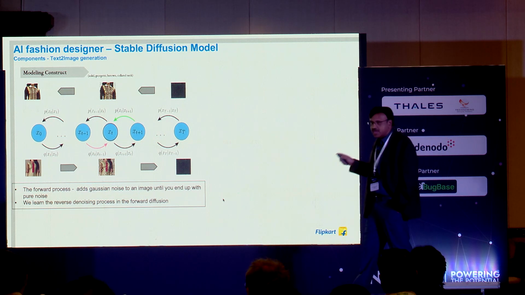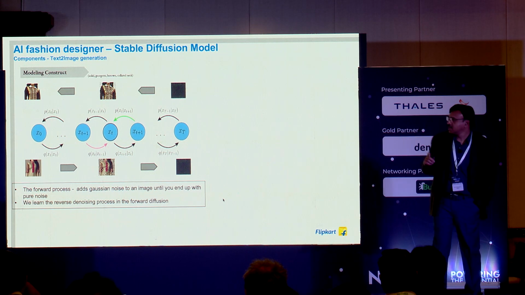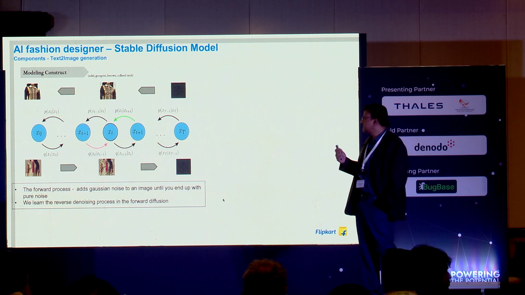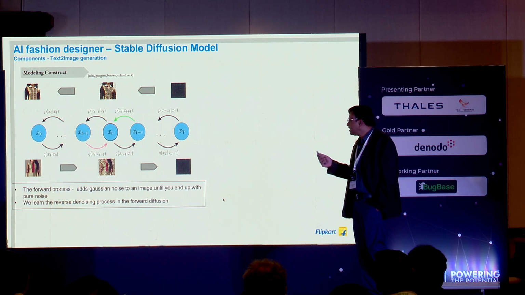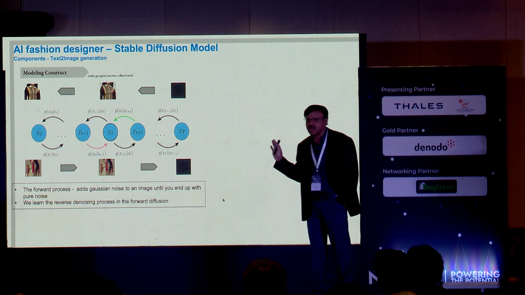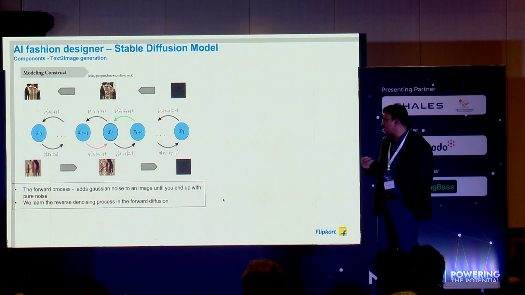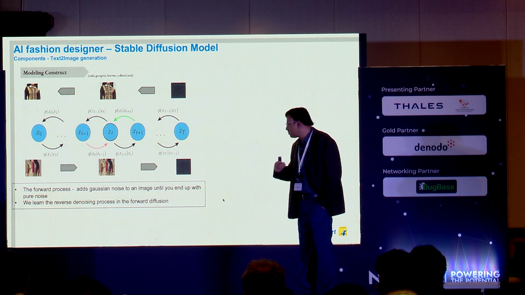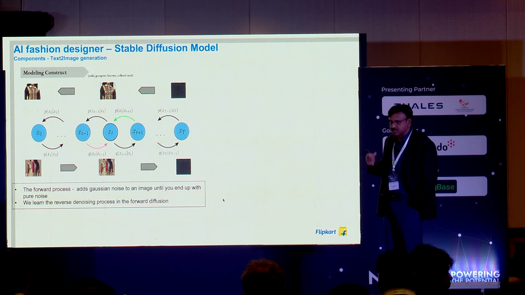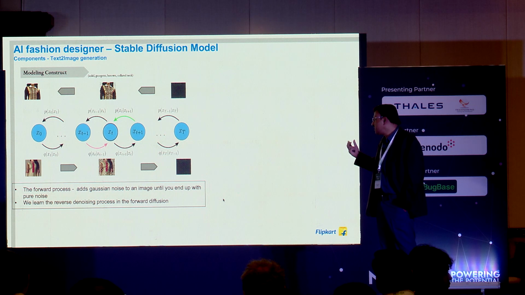One of the things we are using this for, and we have found quite a bit of success with our sellers and for design, is what we call the AI fashion designer. It's text-to-image generation, and the process is called stable diffusion. It's very similar to what DALL-E 2 does. Basically there is a forward process, called forward diffusion, where you add Gaussian noise to the data and you end up with pure noise.